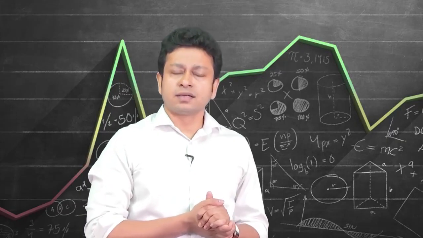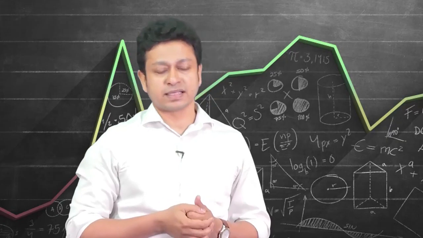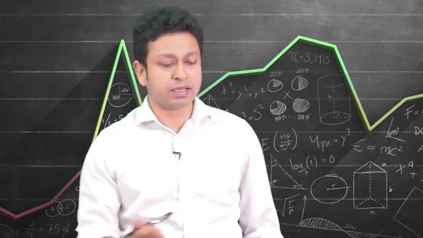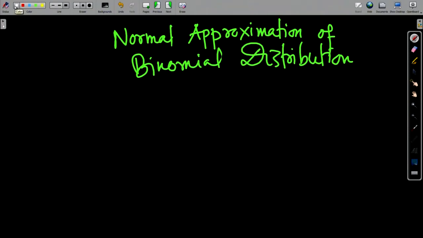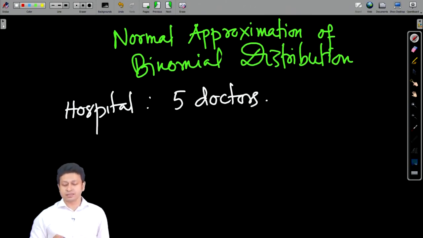I will do that as usual with an example, because that will give us a sense of what is happening here. Let us say this is a hospital, and the hospital has, let us say, 5 doctors. Now it is a time of COVID.